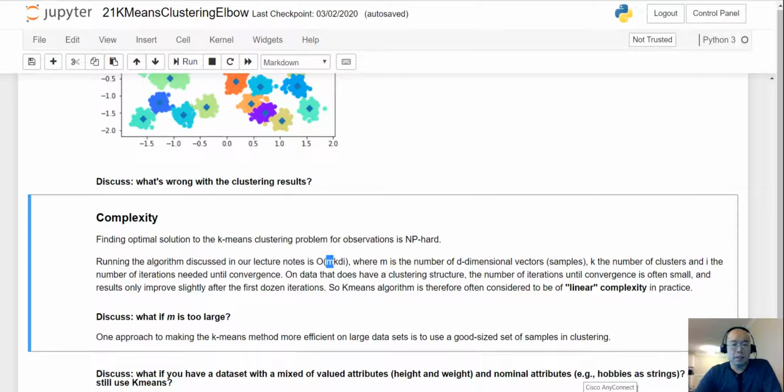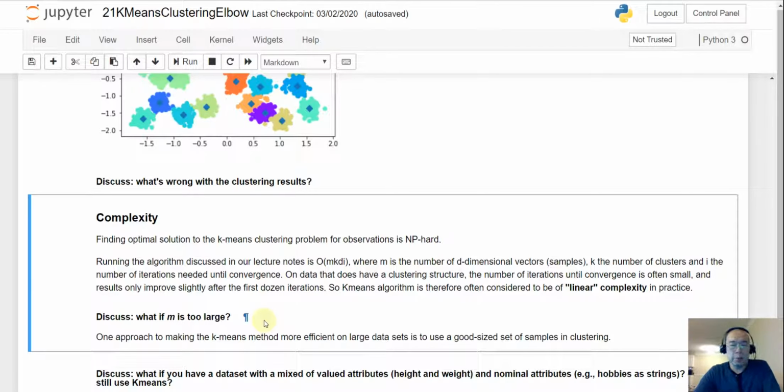The next question is, what if m is a very large value? A lot of algorithms struggle with a very large dataset, and k-means does okay with a larger dataset.